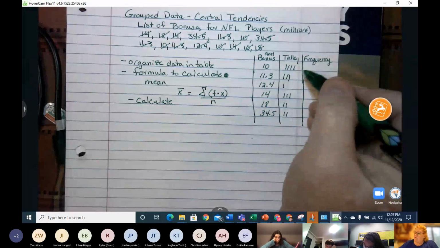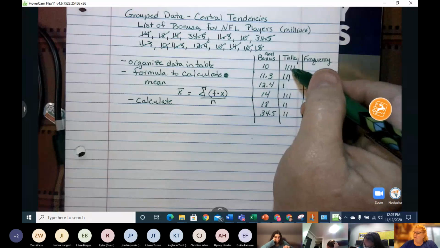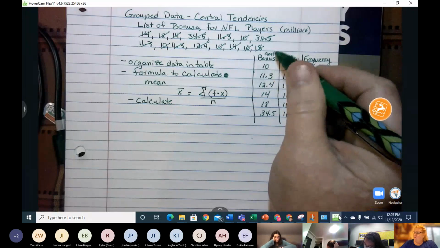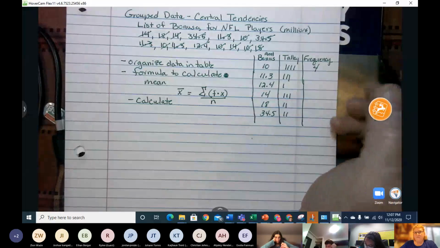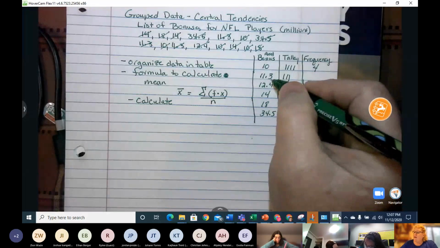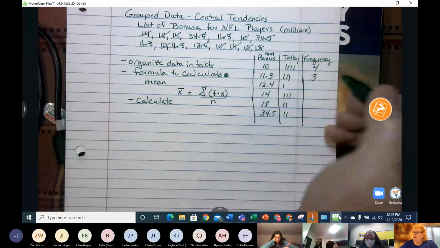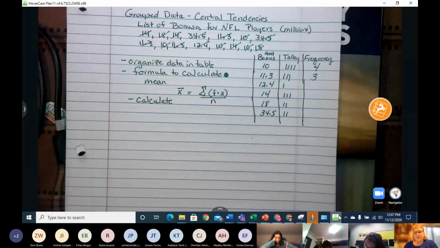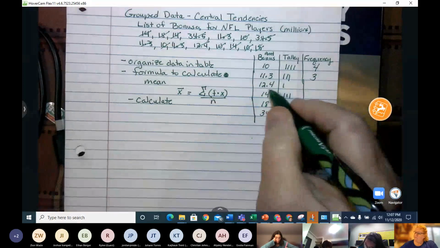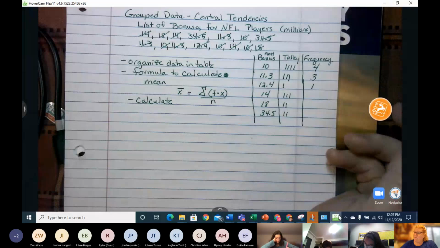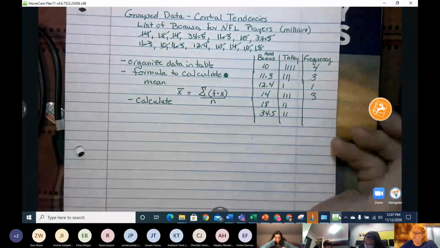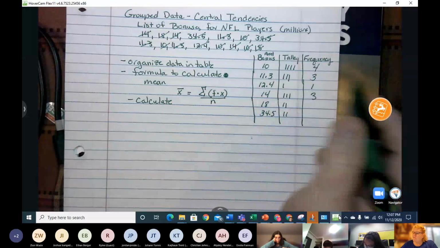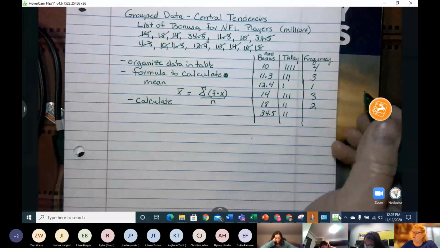Now, my frequencies come from how many tallies do I have? So for the amount of 10 million, I have 4 for the frequency. For 11.3 million, that item occurred 3 times for bonuses. 12.4, only 1 person got that bonus. 14 million, 3 people got that bonus. 18 million, 2 people.